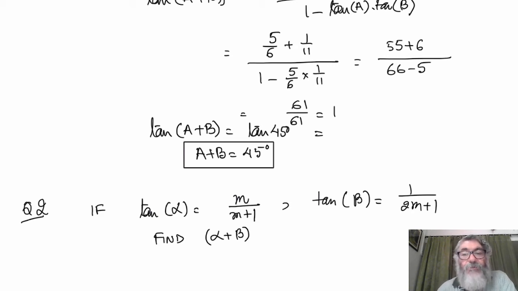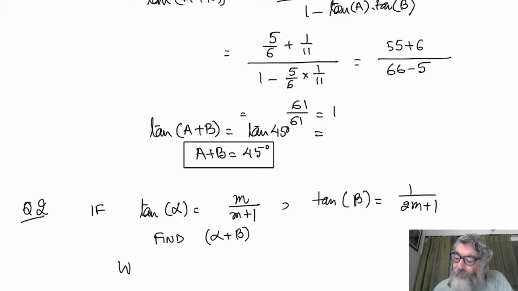As I told you time and again, the more times you apply the formulae, the better you will remember the formula. Because tan alpha and tan beta are given, and I have to find the value of alpha plus beta, I should apply the formula for tan(alpha plus beta).